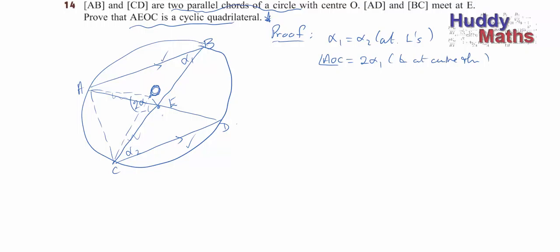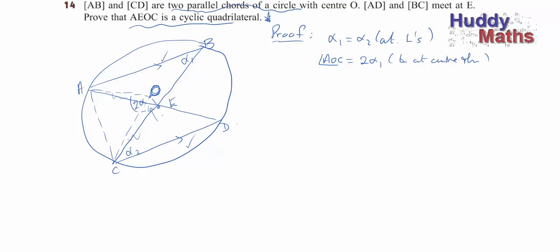All right, well that's not bad. Now what else can we do? We could say, angle AEC could be here, this one in here. Can we say anything about that angle?